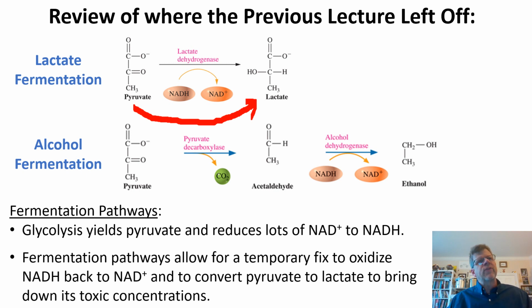So let's pick this up where we have just completed strenuous exercise. We sprinted as far as we can, as long as we can, and we're done. Glycolysis has reached its limit. Fermentation has reached its limit, and now what we ultimately have are a lot of 3-carbon metabolites which need to be cleaned up from our system.